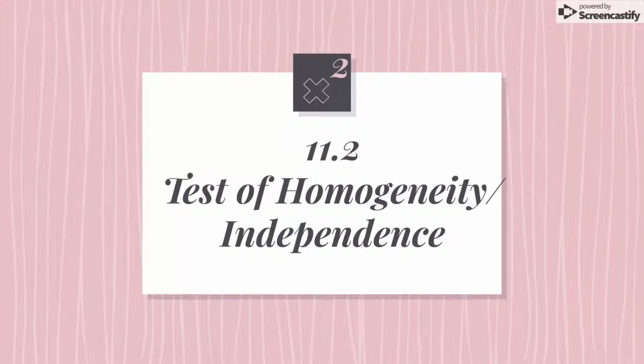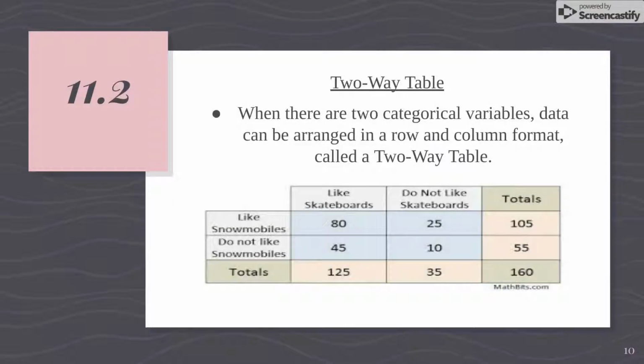All right, and then secondly, your other chi-square tests, you are testing for homogeneity and independence. A good thing to know for these tests is how to read and how to create a two-way table.